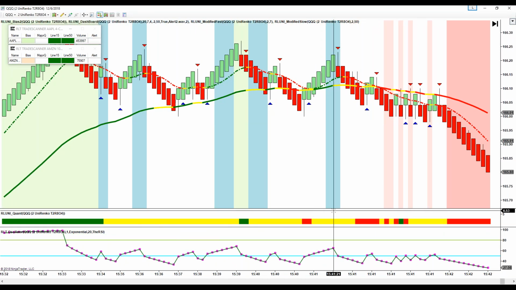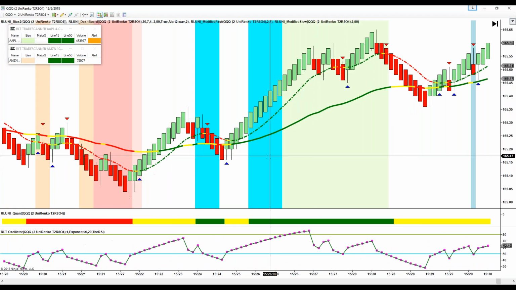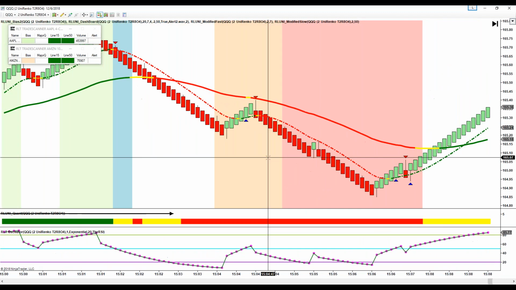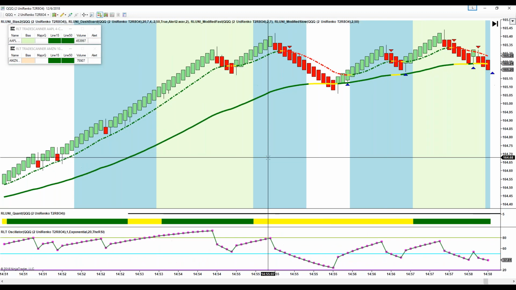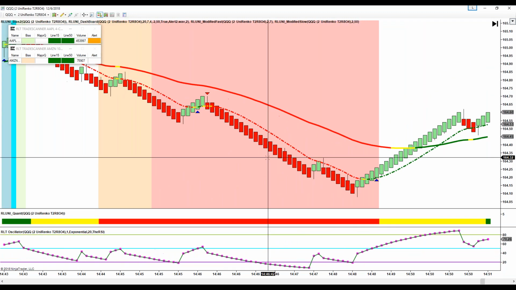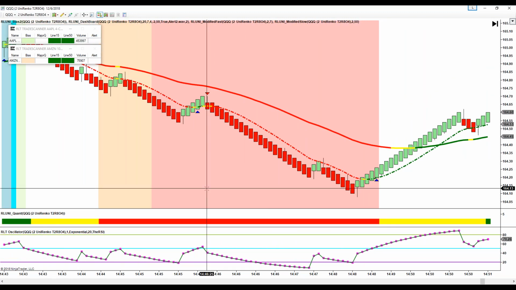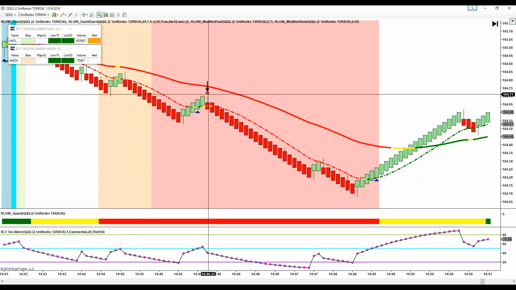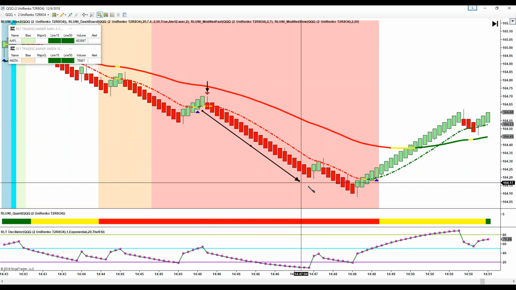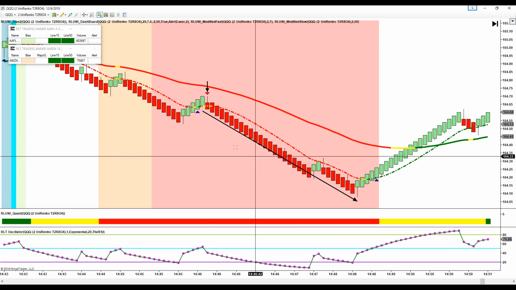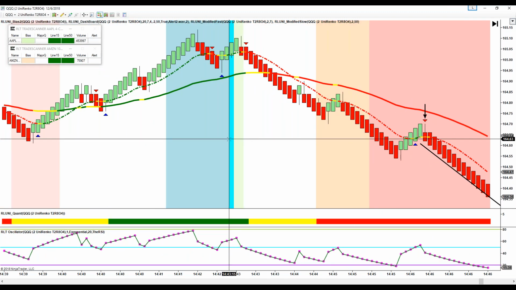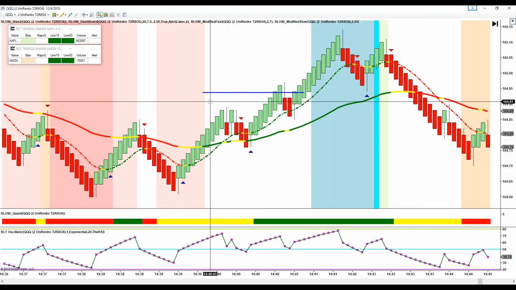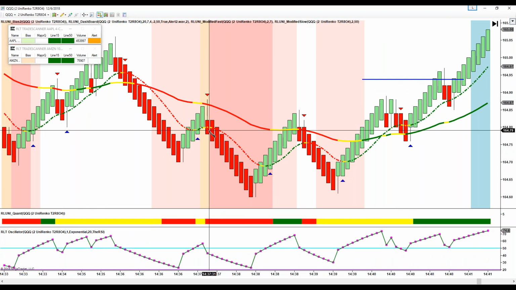Let's go from the beginning of the day. Look at that trade right here. A perfect trade. Now with no background bias, the market's almost always going to chop. That's really close.